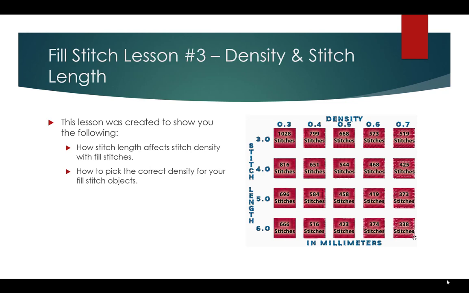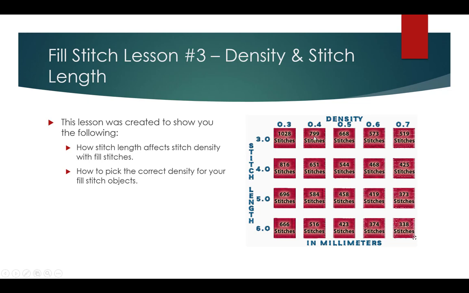So in the lesson, we're going to be stitching out this density chart, and you'll see in this density chart that we have a density that goes down for each column. It's the same down each column, and then we have a stitch length that's the same for the row.